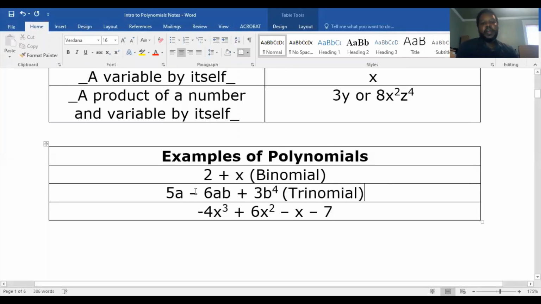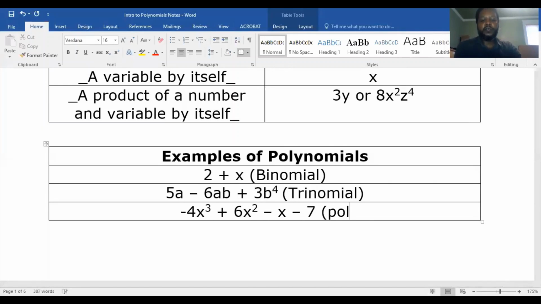And this next one has 4 terms, so this one is the only one that's officially called a polynomial. When it's bigger than 3 terms, we start calling them polynomials. They don't have any special names after that. They're all just polynomials after 3 terms. So those are our examples of polynomials.